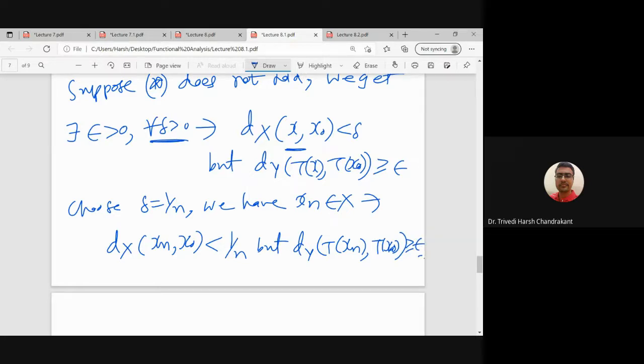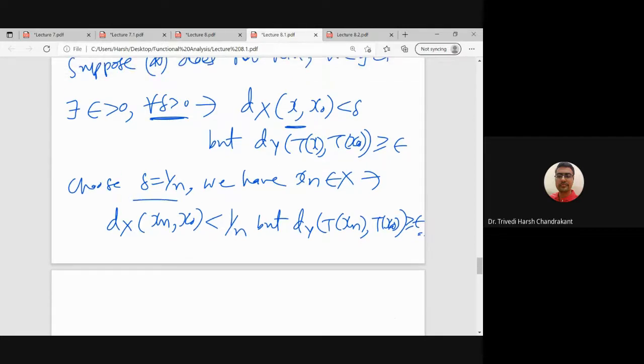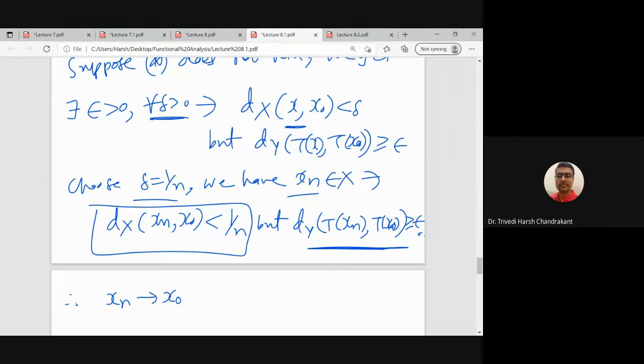So we have such a sequence xn coming from this delta; xn is a sequence now. Using this property, as n tends to infinity, xn approaches x naught. But on the other hand, we have this inequality. So if we take n tends to infinity, Txn will never approach Tx naught because epsilon is positive.